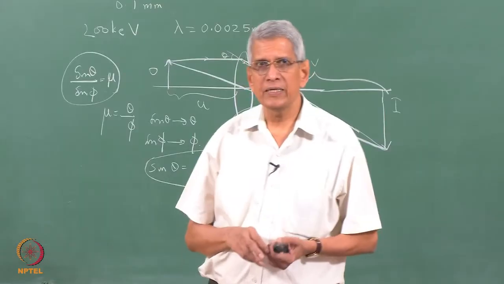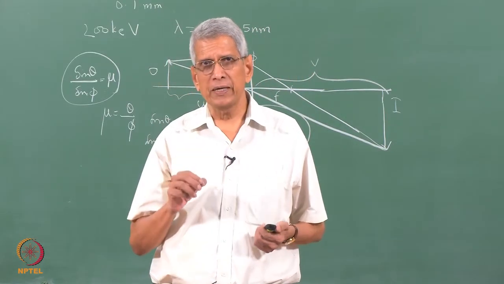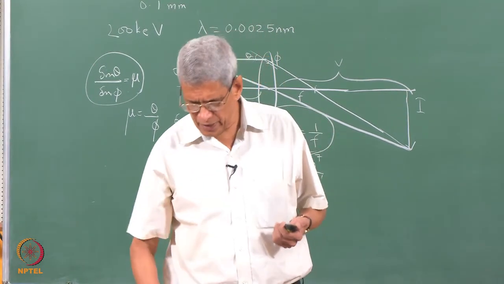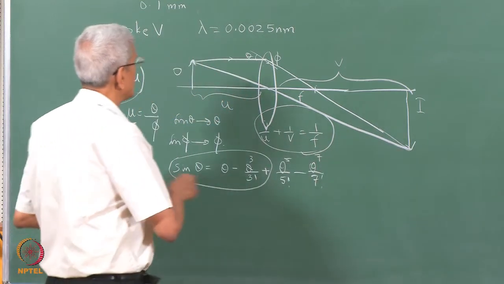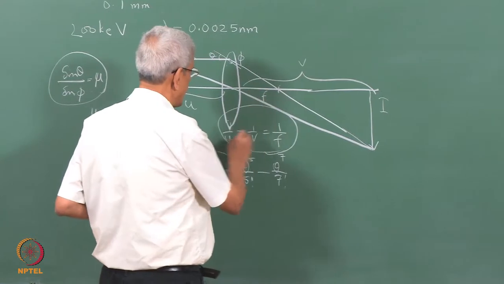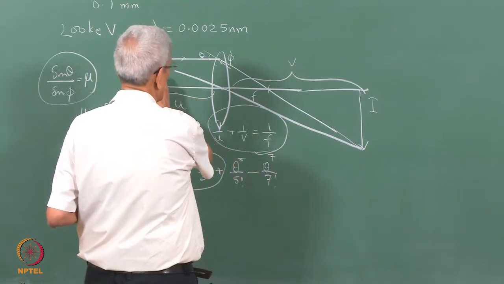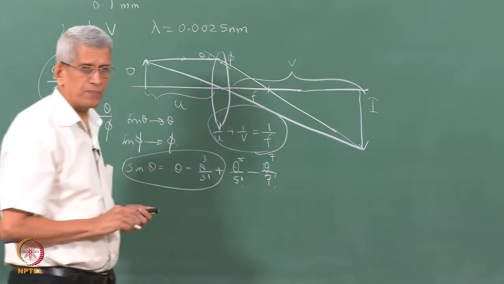What is spherical aberration? It is nothing but what happens when we try to draw the ray diagram for a lens. If we use the case of a paraxial ray, this is the formula we will be using to find the position of the object and the position of the image.